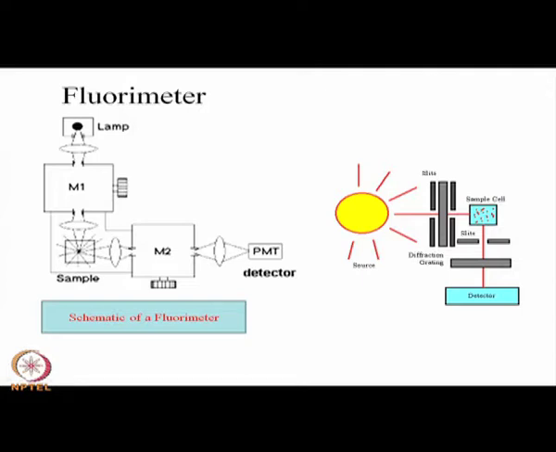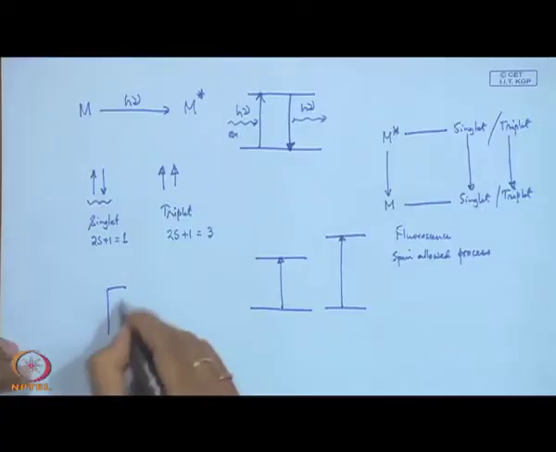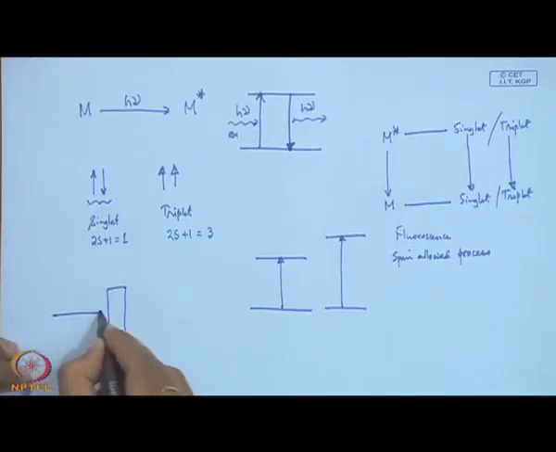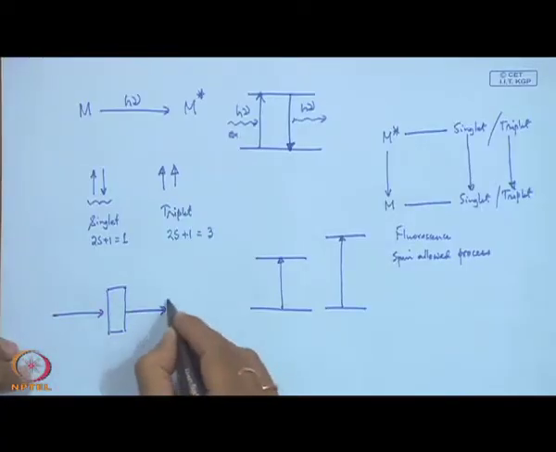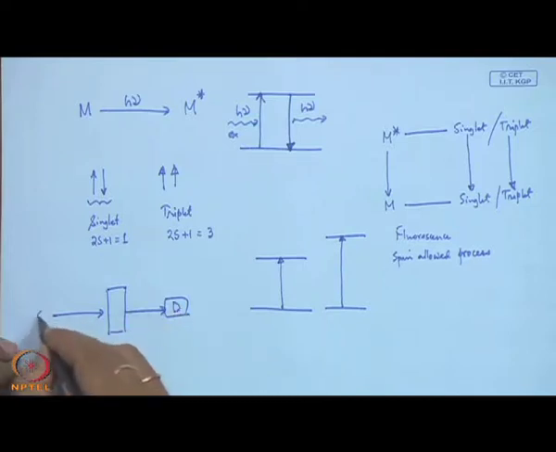Now, if you look at this particular diagram, you will find that this excitation light and the detector, these two are perpendicular to each other. You see, this one and that one are perpendicular to each other. Unlike your absorption spectroscopy, this is your sample, this way light enters, this way light goes, this is your detector and this is your source.